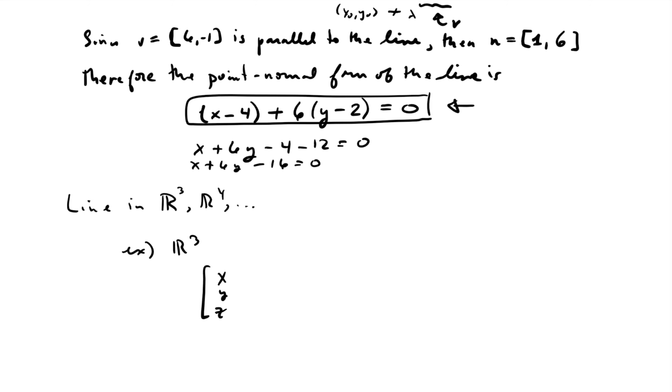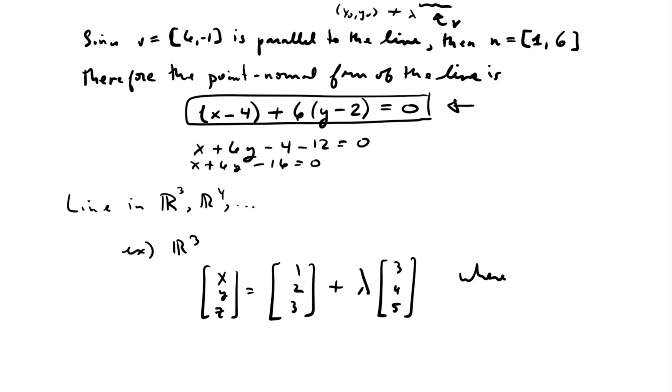So if you have x, y, and z now, they're going to be equal to a point, let's say a point (1, 2, 3), plus a direction that's parallel to the line, and we need to move parallel to that direction in order to get to another point on the line, and that would be the vector form of a line in R3. So usually lines in R3 and R4 are always given in vector form.